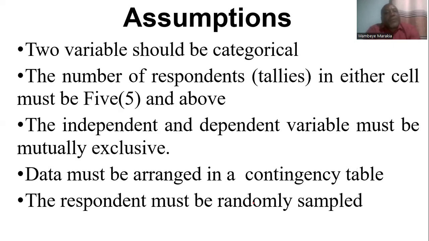Let me repeat these assumptions. There are 6. The first one, the two variables should be categorical, in other words, measured at nominal level. The number of respondents, we are calling them tallies, in either cell must be above 5.